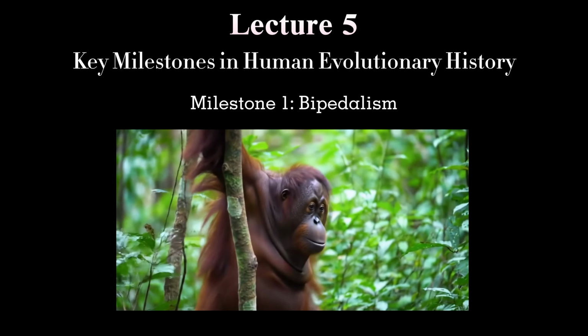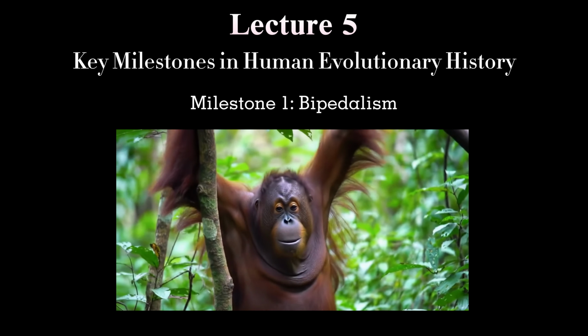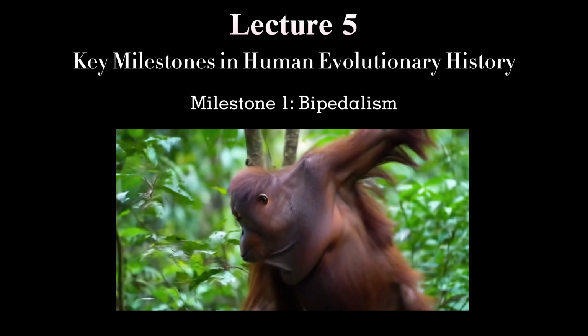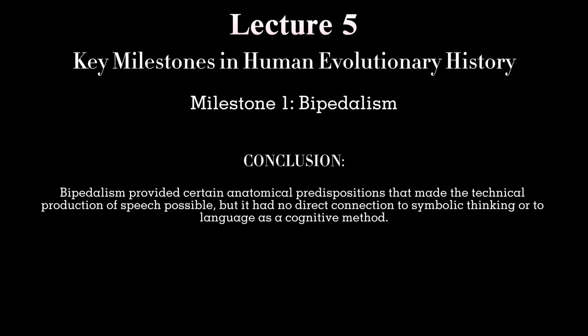Indeed, modern orangutans and chimpanzees occasionally move upright, suggesting that this locomotion was not uniquely transformative. Our conclusion is as follows: bipedalism provided certain anatomical predispositions that made the technical production of speech possible, but it had no direct connection to symbolic thinking or to language as a cognitive method.